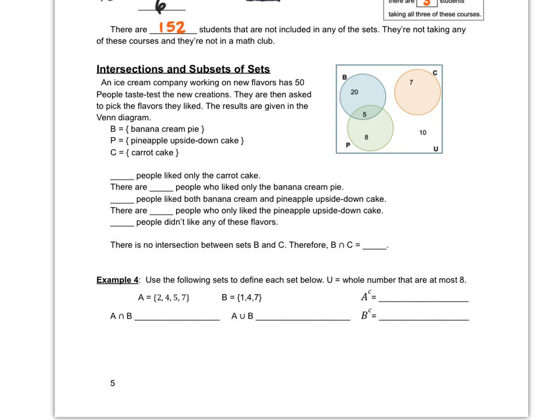So we have banana cream pie, we have pineapple upside down, and we have carrot cake. And looking at this, blank people liked only the carrot cake. Well, right there I had 7 people like only the carrot cake. There are blank people who liked only the banana cream pie. Well, 20 people favored the banana cream pie. Blank people liked banana cream pie and pineapple upside down.